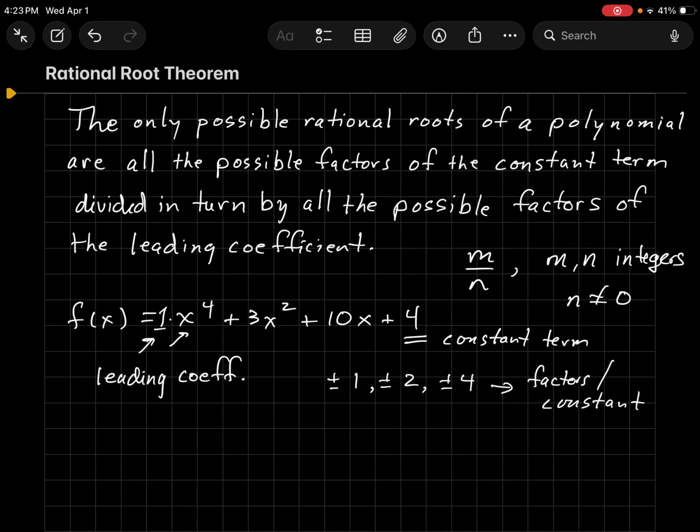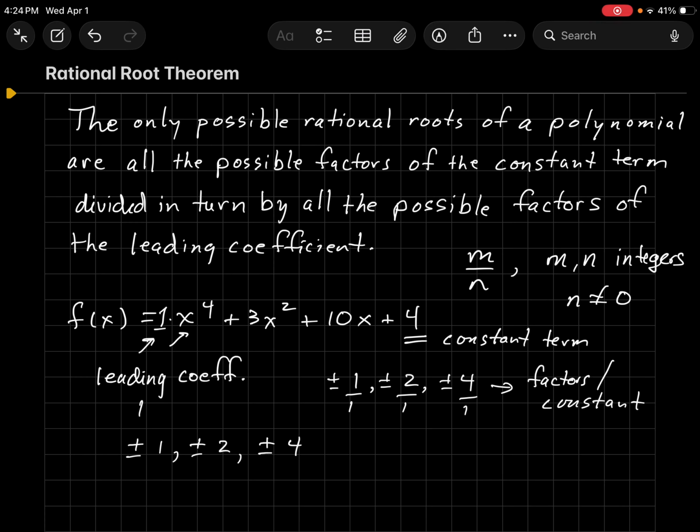Well, it's only 1. If the leading coefficient is 1, then the factors are only 1. Now, I don't need to do plus or minus. I already counted for it. So technically, I should divide all of these by 1, which means the possible rational roots are plus or minus 1, plus or minus 2, or plus or minus 4.